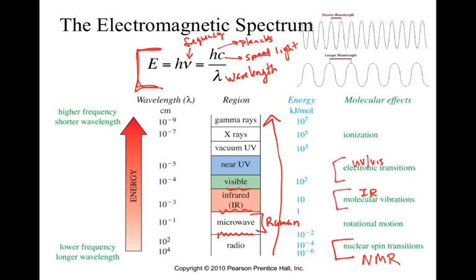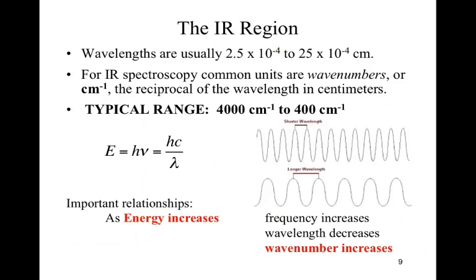Okay, so let's push it a little bit further. Within our IR region, we're usually specifying wavelengths as shown there. We can use centimeters or pretty much any distance unit we really wanted. For some reason, whenever dealing with IR spectroscopy, we tend to rely more on the centimeter unit.